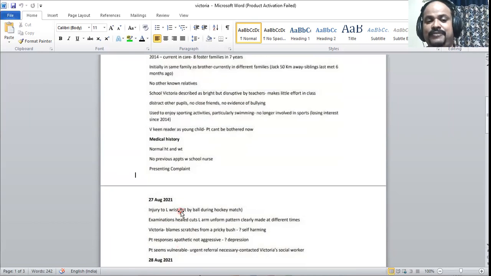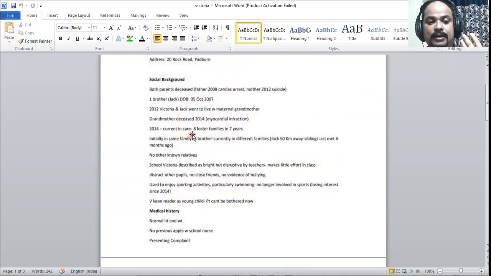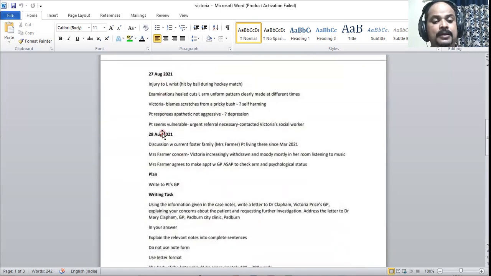In the social history, we can see that she had 8 foster families in the past 7 years after the death of her grandma. So there's a new foster mother, and she just observed that Miss Victoria is withdrawn, moody, and secluded in the room, listening to music.